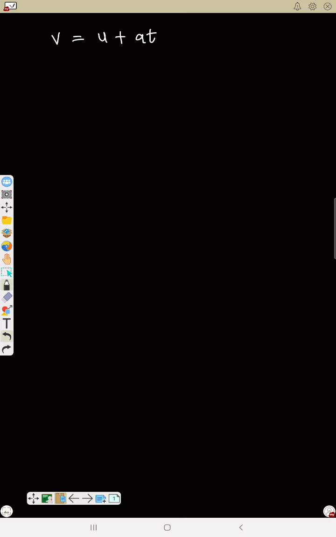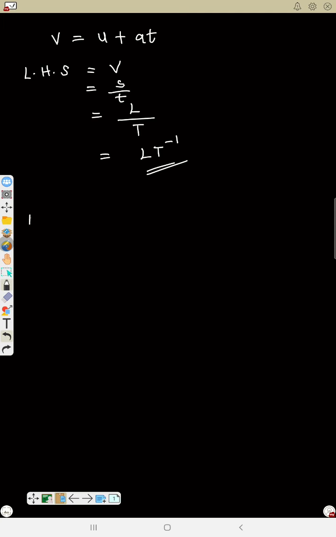Now the left hand side is velocity. And what is the dimension of velocity? Velocity is displacement over time, and displacement is a kind of length, so it will be L, time is T. That means the dimension of velocity is LT raised to power minus 1. We've done this in the first video also.